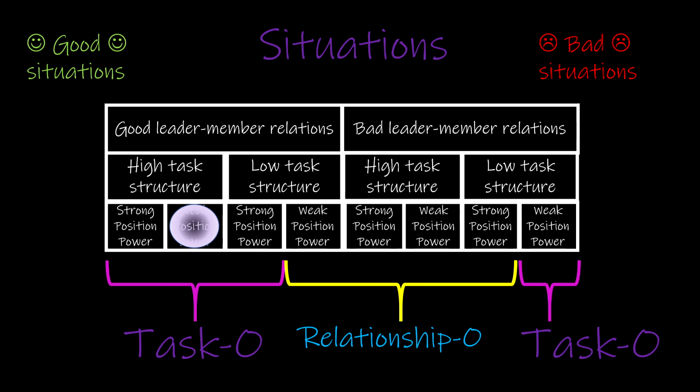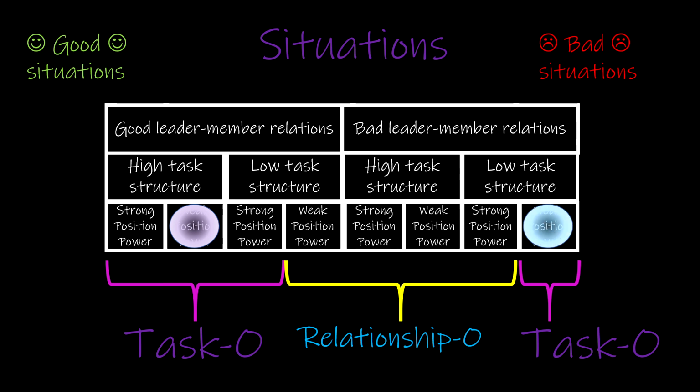So the best thing that we could do here as we try to take the task-oriented leader who was initially over here and put them in a better situation would be to focus on changing leader-member relations. Because if we can change from bad to good leader-member relations, we're much closer to a good situation, and we're also in an area where task-oriented leaders are more likely to be successful.